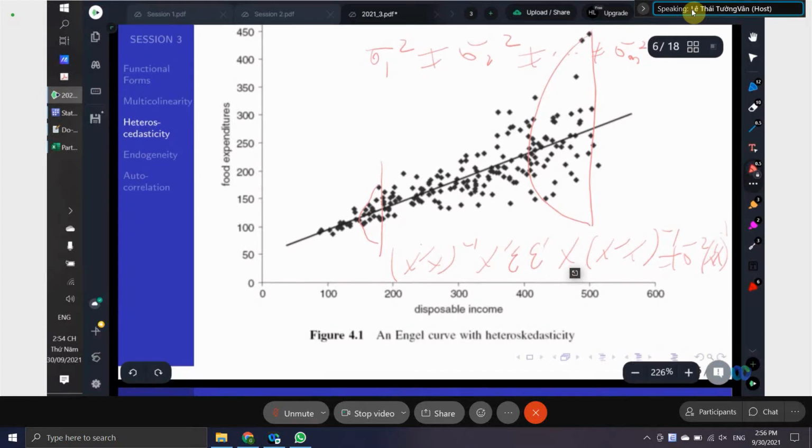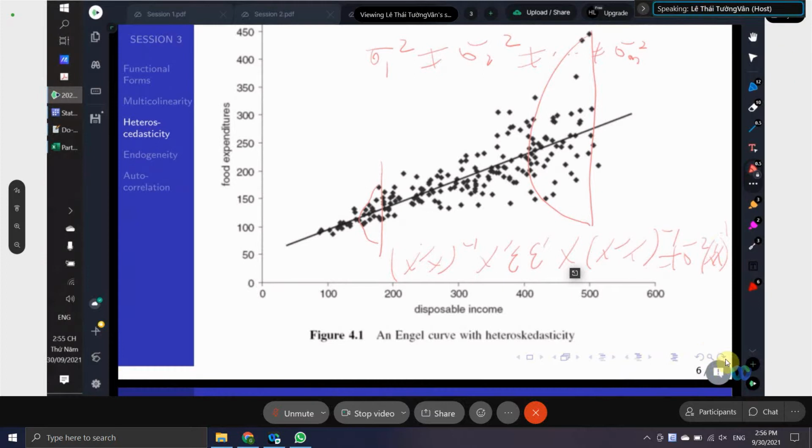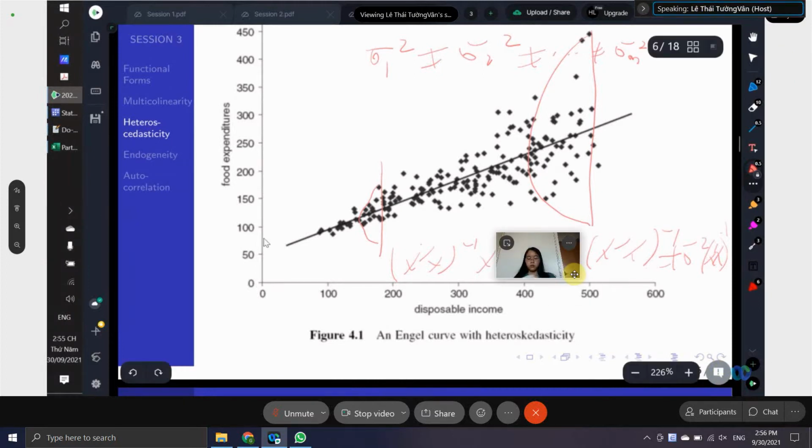And if this is not the case, our variance covariance matrix will not be written this way, and it will be more complicated.